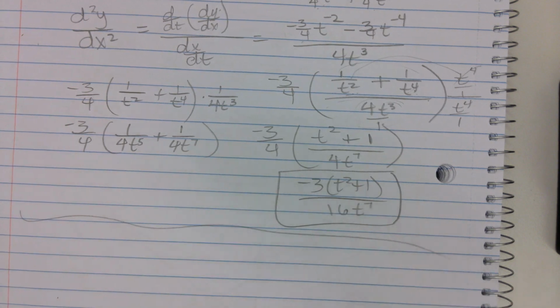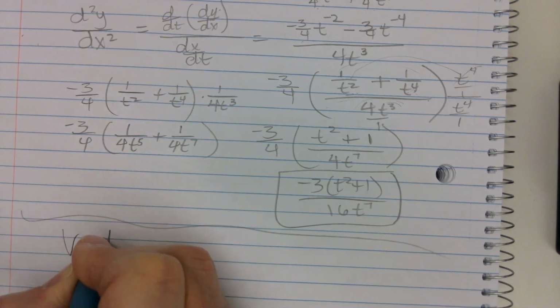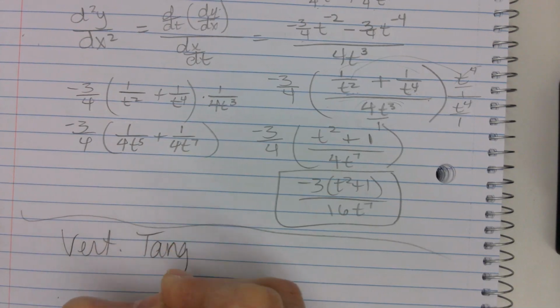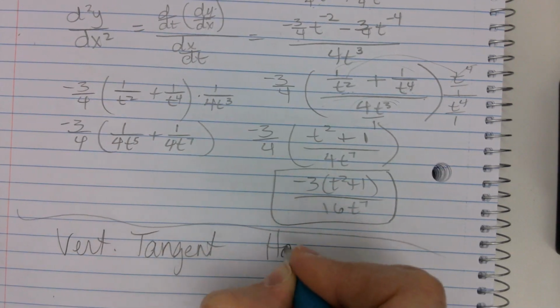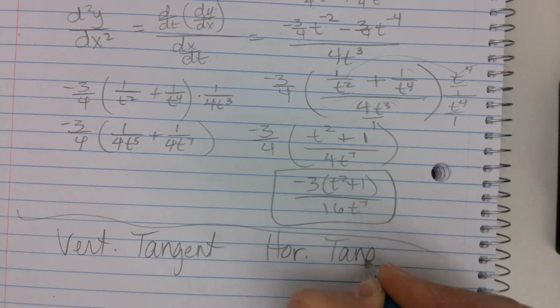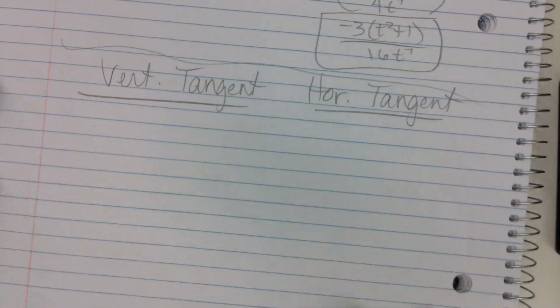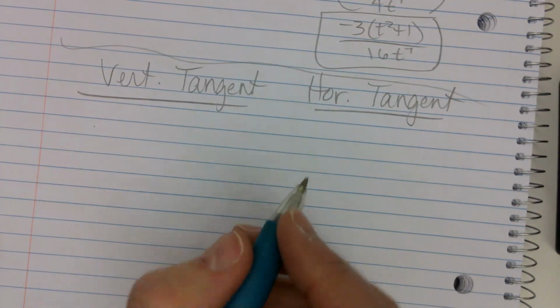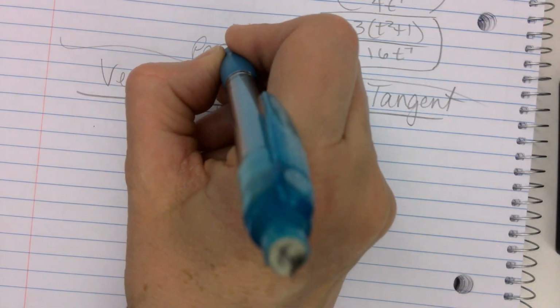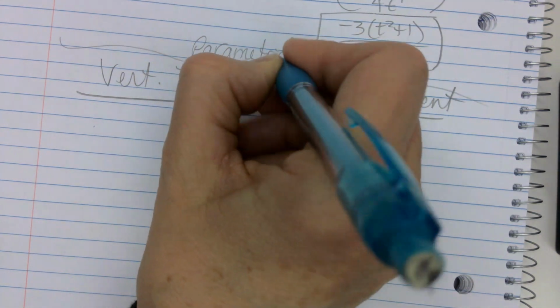And then for vertical and horizontal tangents, you just do dx equals 0, and you have to solve for that. For vertical tangents and horizontal tangents in parametric, what are you going to be looking at?